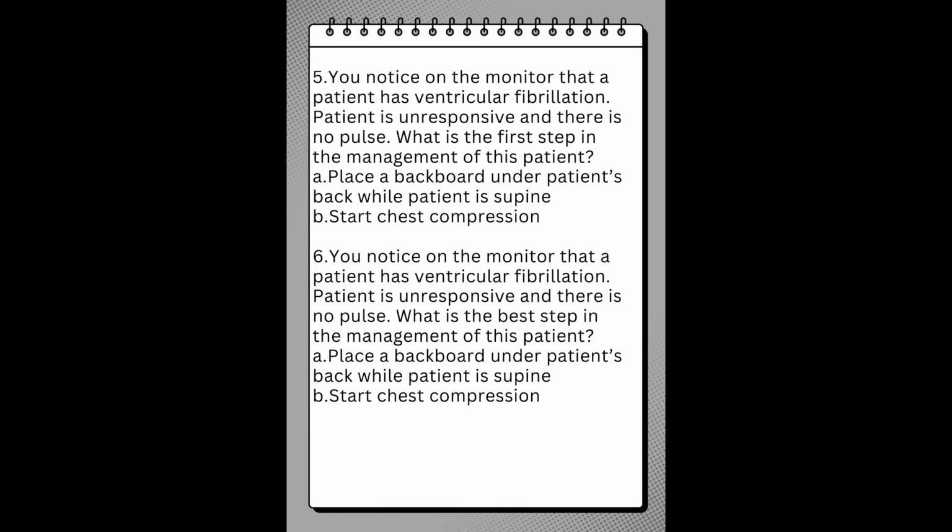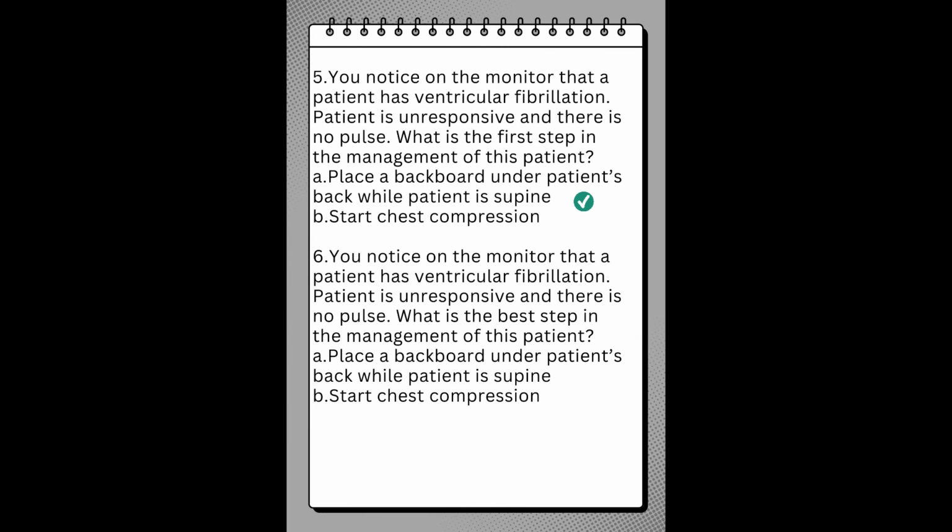So the first step in management of this patient is to put a backboard under the patient. Why? So as to create a firm surface, so that as you carry out your chest compression, it will be effective. So the best answer for number 5 is A. Place a backboard under the patient's back while patient is supine.